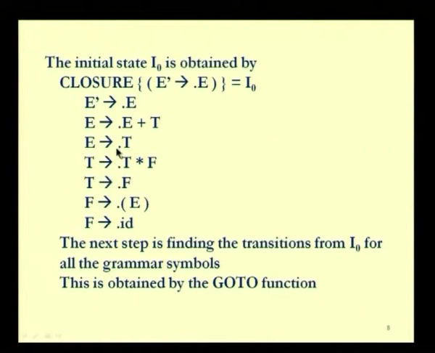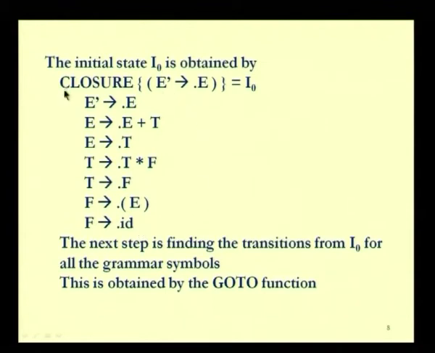But when you go for E derives dot T, we have T derives dot T star F and T derives dot F. Once again, for T derives dot T star F, the output is non-empty but already there. So we can go for T derives dot F. F has two productions, F derives dot open bracket E closing bracket and F derives dot ID.